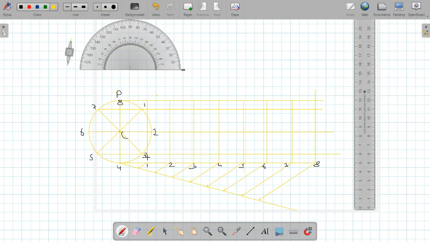The projector from 1 cuts the center line at this particular point, and this will be named C1. Similarly, this point will be named C2. This will be termed C3, C7, and C8.